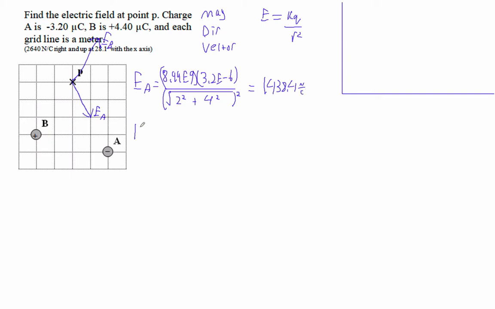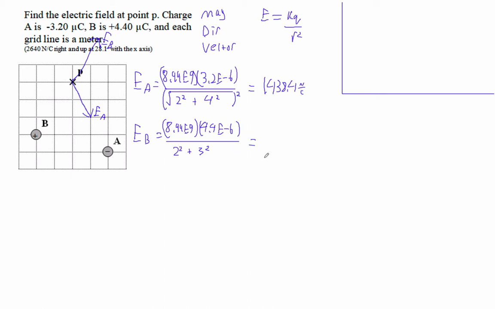Okay. B is equal to 8.99E9 times, let's see, B, this is B right here, right? B is 4.4 times 10 to the minus 6th. There we go. And then that's over 2 squared plus 3 squared. So we are 2 over, 3 down, 1, 2, 3 down, right?